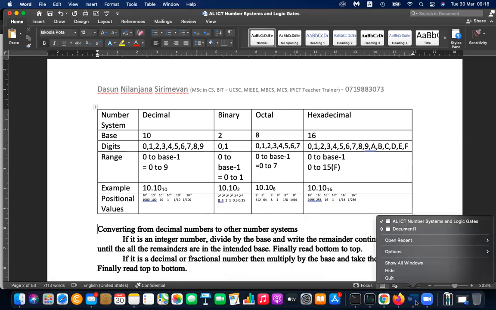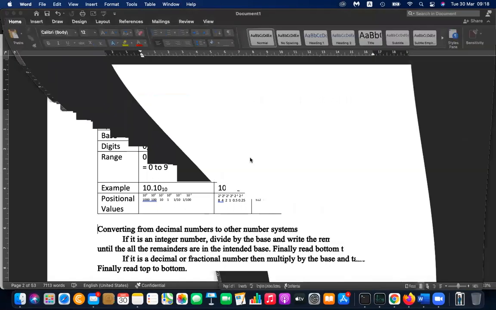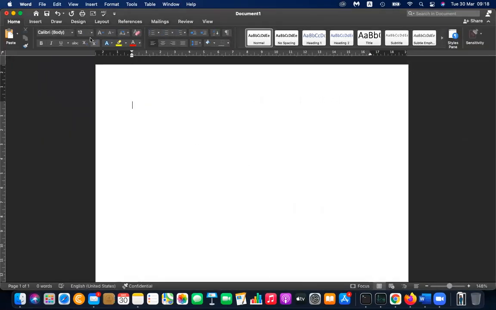Please write down as a question: convert the following numbers to decimal. The first one is the binary number.